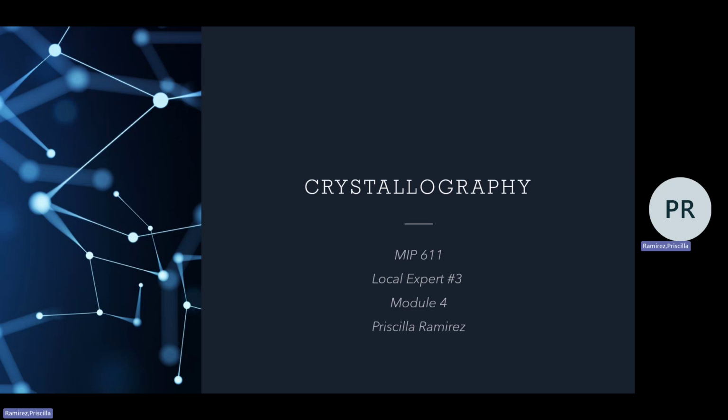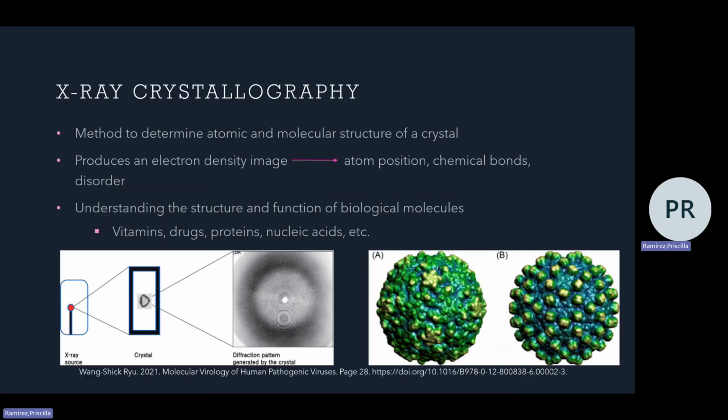I want to begin with just breaking down what X-ray crystallography is. It's a method to determine the atomic and molecular structure of a crystal. In order for this to be a successful method of analysis, you obviously have to have the crystal structure of your biological material.